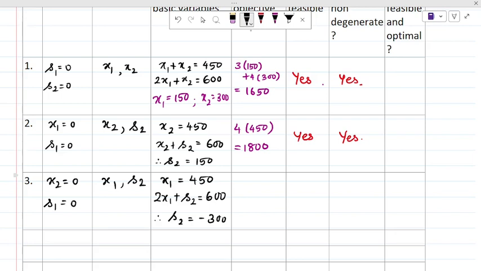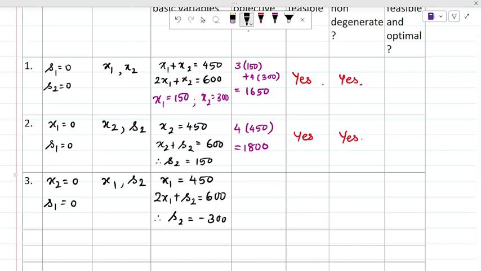Even if we don't calculate it here, you can put a dash, because this is not going to affect our answer. But still let's say 4 times 450, but this is not going to be the case.